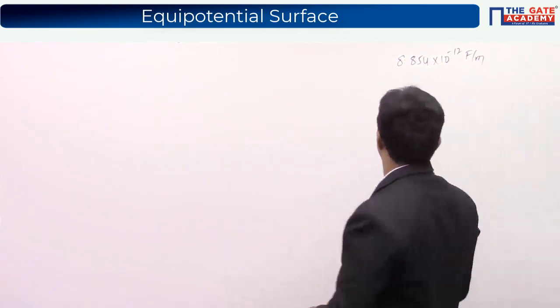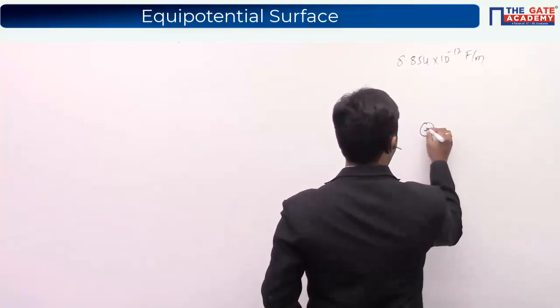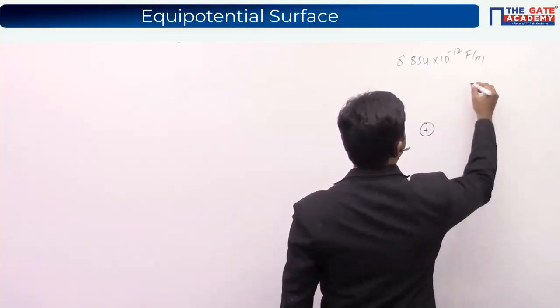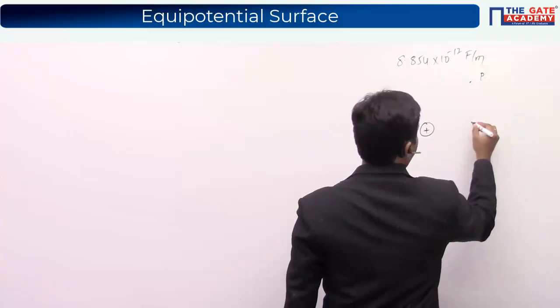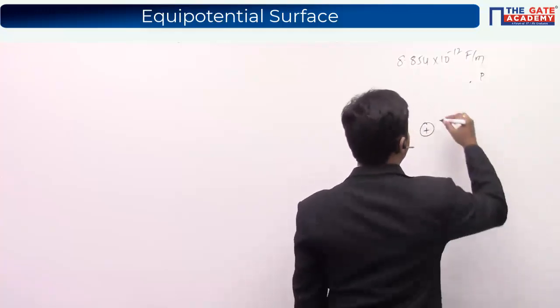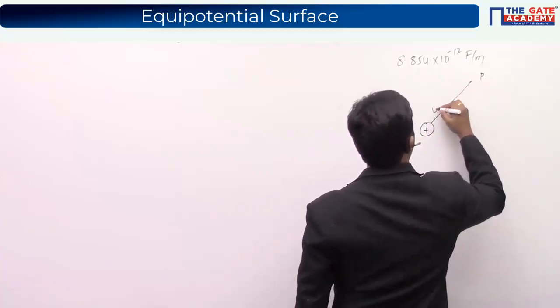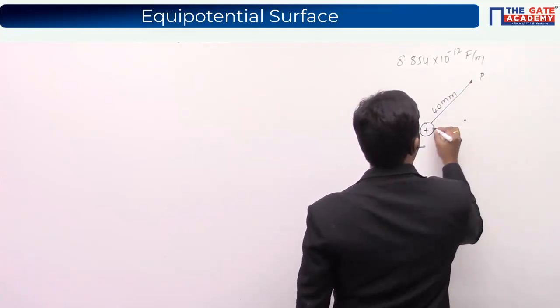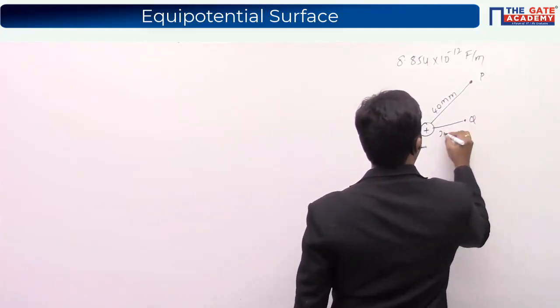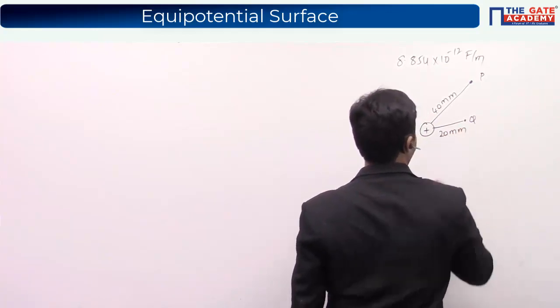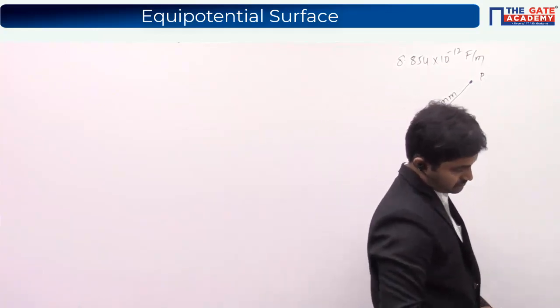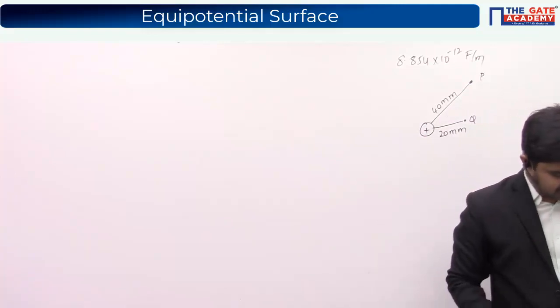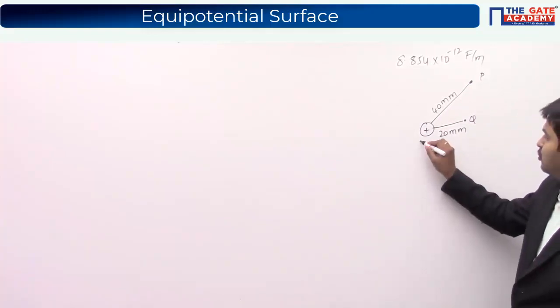So the figure which is given has the charged particle, a point P, and a point Q. Point P is at a distance of 40 mm and point Q is at a distance of 20 mm. And the charge which is given for us is 1 nanocoulomb.